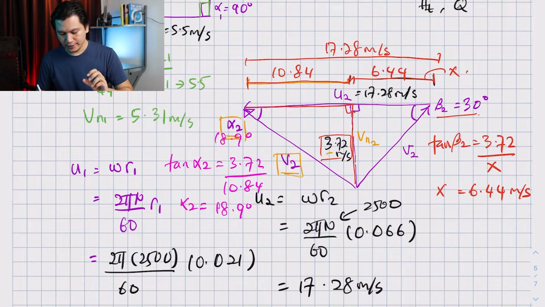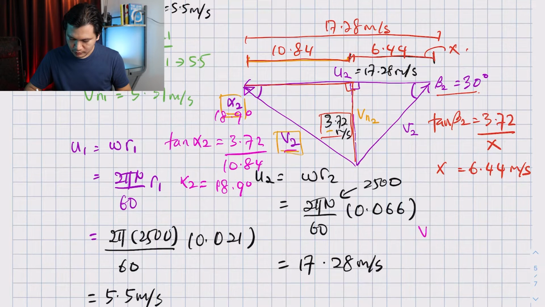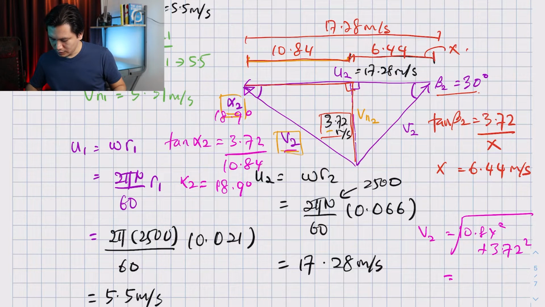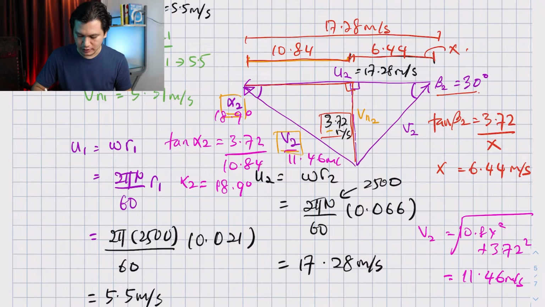And I can also find V2. So V2 is the square root of 10.84 squared plus 3.72 squared. That's going to be 11.46 meter per second. So V2 is 11.46 meter per second.